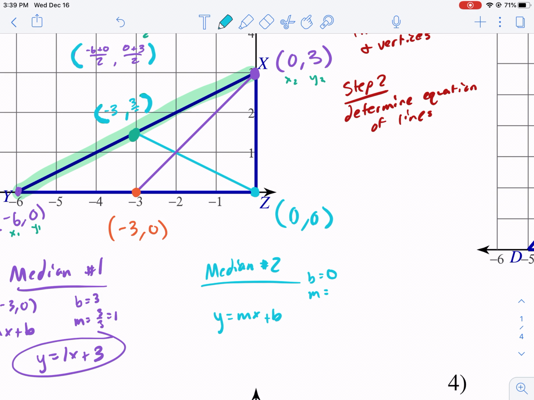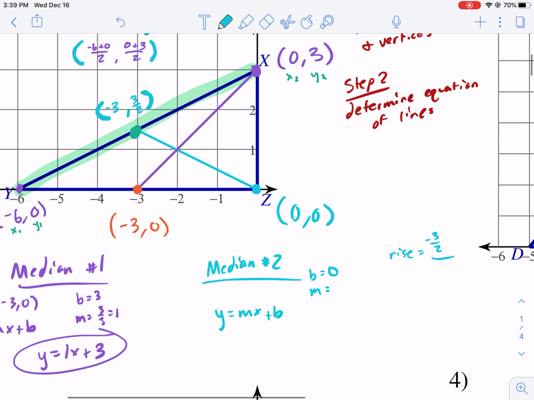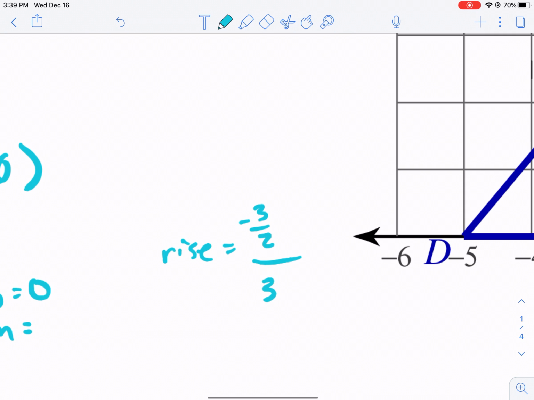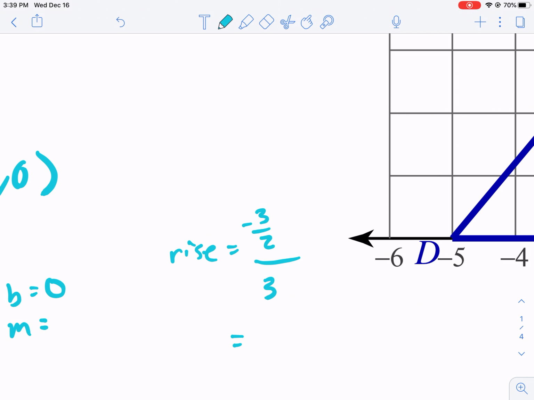So this is 3 over 2. My rise is, I'm going to go down 3 over 2 units, and then that's over, looks like 3, right? 1, 2, 3. So that's over 3. Now, anytime you divide by a number, this is a complex fraction. Anytime you divide by numbers, it's the same thing as multiplying by the reciprocal.